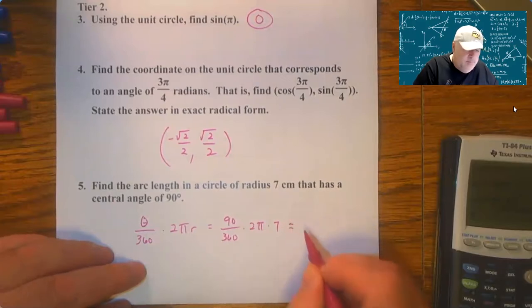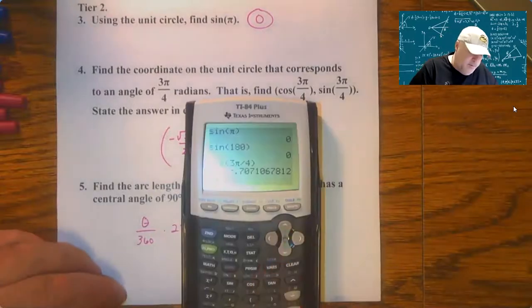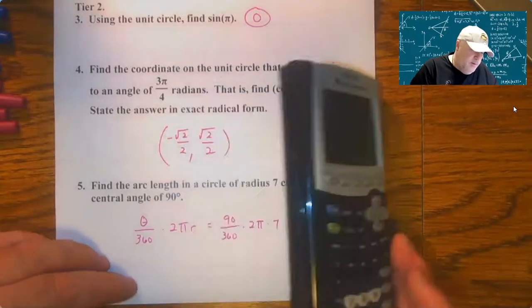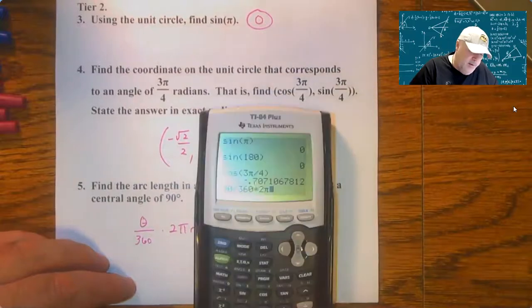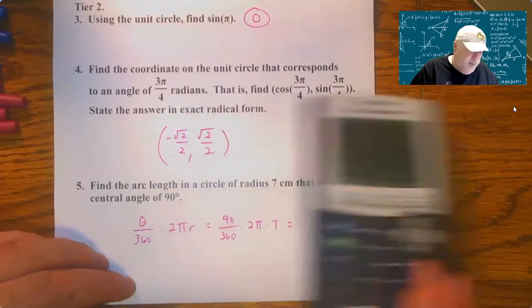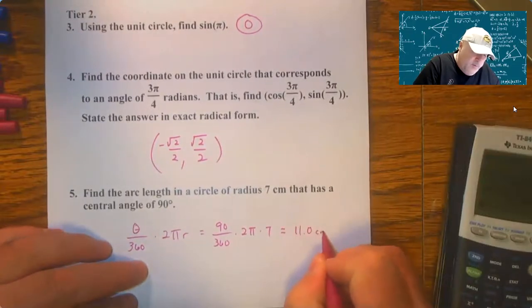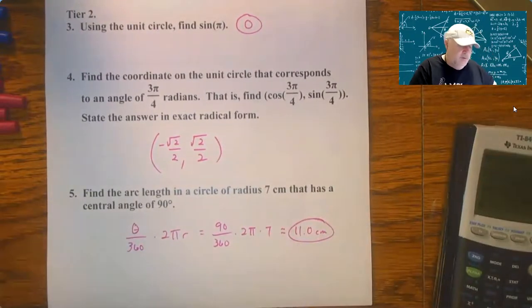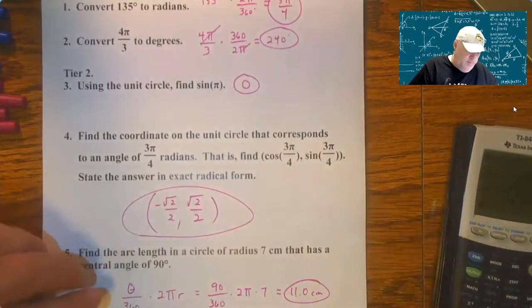I guess as a decimal would be the best way. And then you just simply type it in to your calculator, pi times 7. And that's about 11.0 rounded off centimeters. So this is a case of the degree multiplier with arc length.